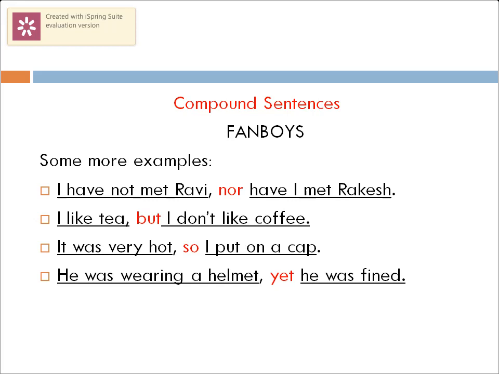So, to wrap up, compound sentences consist of two independent clauses. That means they will have two clauses, or two subjects and two verbs, and of course both of these clauses with a complete thought. Coordinating conjunctions show equal importance to the two independent clauses.